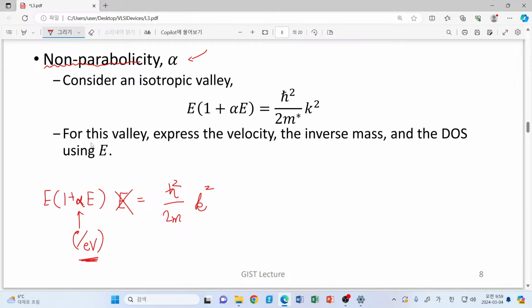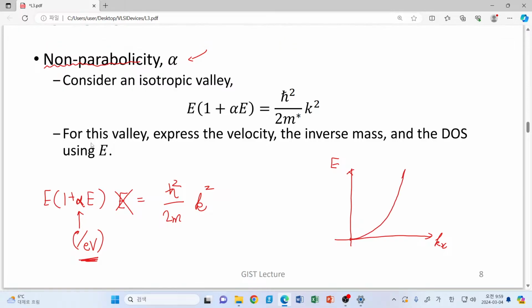So if we draw certain things like kx and energy axis, this one is our usual parabolic expression.